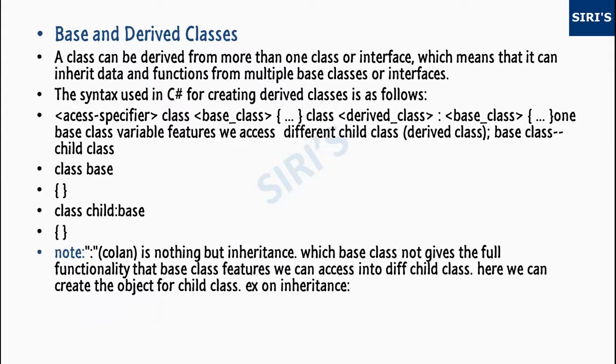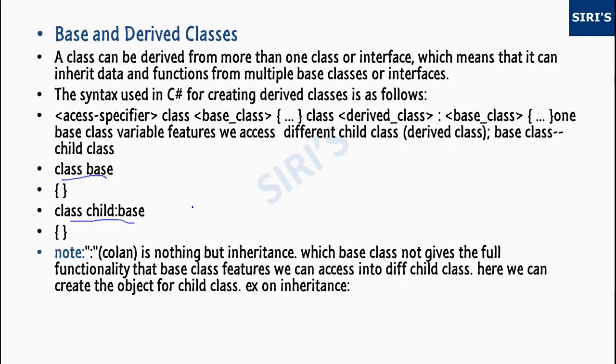Here is another example of how we can write it. The class base class, and we declare the code for the base class here, and then we will call the child class through the base class where we declare the method for that.